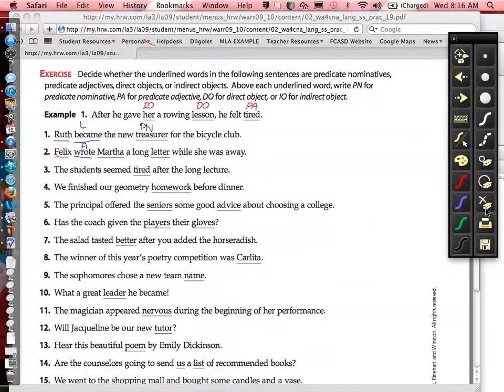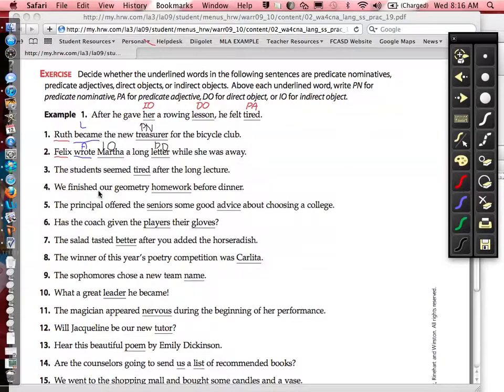Felix wrote what? Felix wrote letter. The letter is the direct object. To whom? To Martha. Martha is the indirect object.